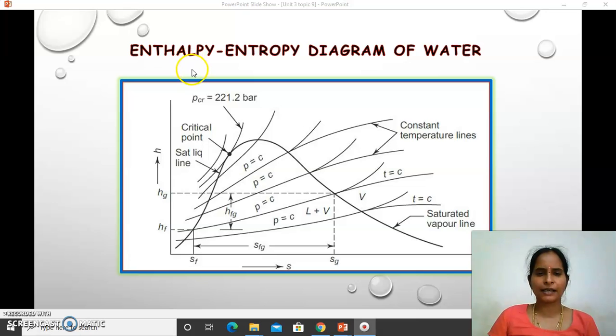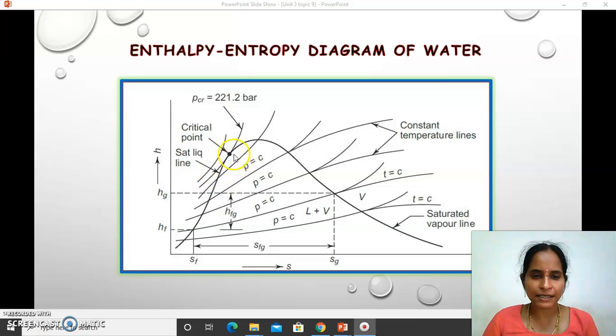Here it is the HS diagram particularly for water. If you want to find the change in enthalpy for a given steam, from the fluid to the vapor stage, you can take the fluid properties, corresponding to fixing any two independent properties, and then you can find the difference between Hg and Hf, so that you get Hfg.